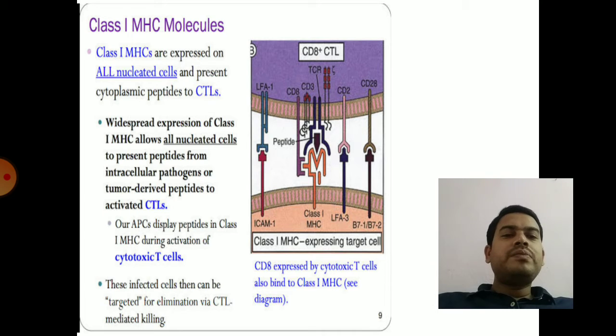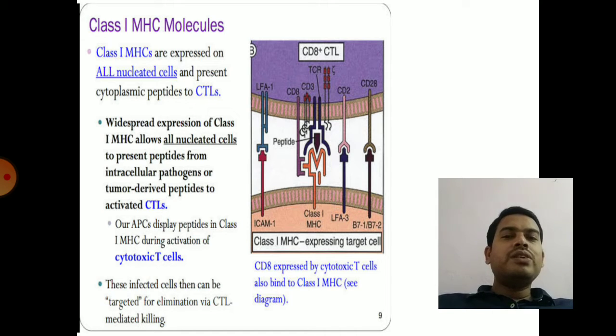And the CD8 receptor will interact with the class 1 MHC molecule, which is present on the nucleated cells. So whenever there is a foreign particle that entered into the body, it is processed by the cells which contain MHC class 1 molecule, and it is presented to CD8 receptor of T cells, which are called as cytotoxic T cells. Once this antigen is presented, then the T cytotoxic cells get activated.